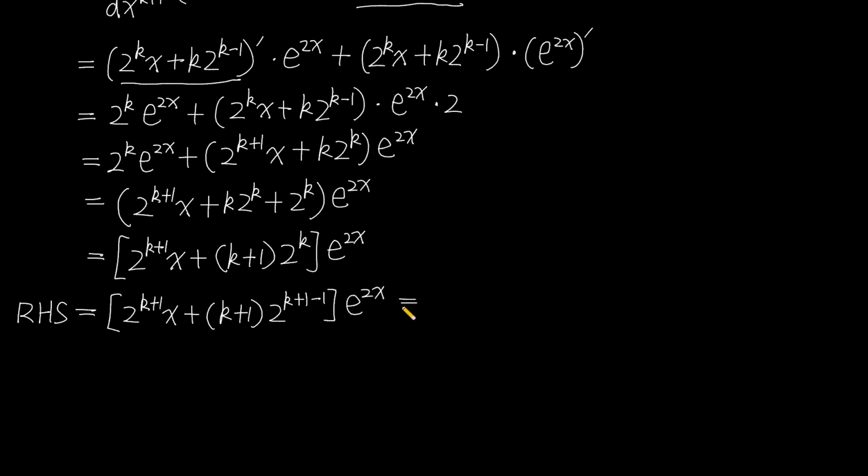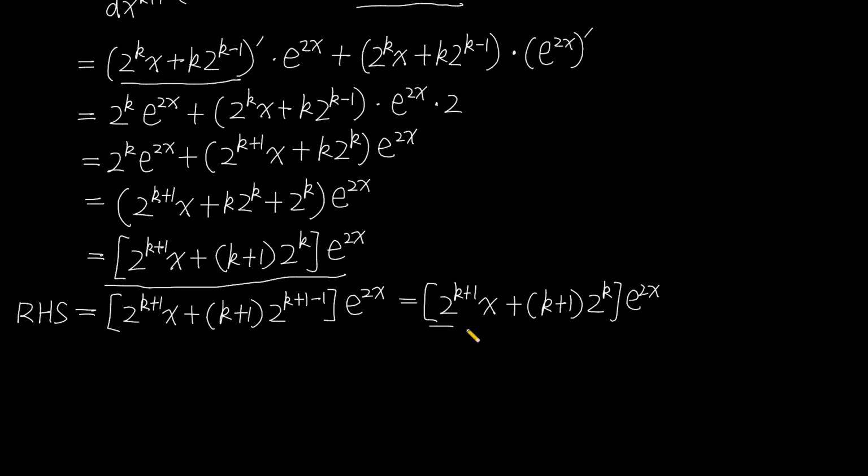Then this equals (2 to the power of k plus 1 multiplied by x plus (k plus 1) multiplied by 2 to the power of k) multiplied by e to the power of 2x. Now we compare the left hand side and the right hand side. They are equal. So left hand side equals right hand side.